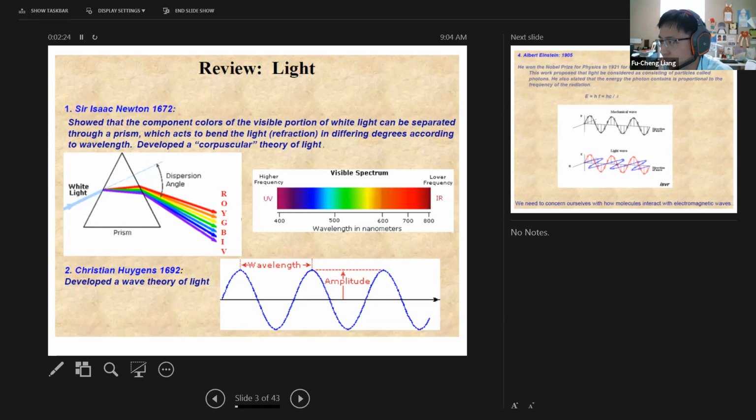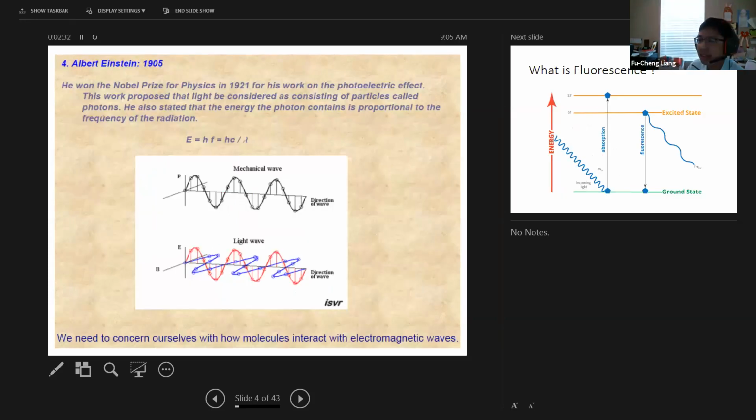Until 1905, when Einstein, who won a Nobel Prize in physics, proposed the photoelectric effect. His work proposed that light can be considered as consisting of particles called photons, and it can also be considered a wave. He also stated that the energy a photon contains is proportional to the frequency of radiation.